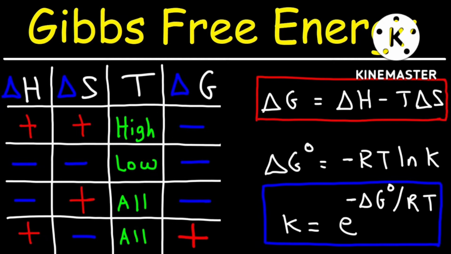Now we have seen how a knowledge of the sign, meaning positive and negative sign, and magnitude of the free energy change of a chemical reaction allows us to predict, first, the spontaneity of the chemical reaction.